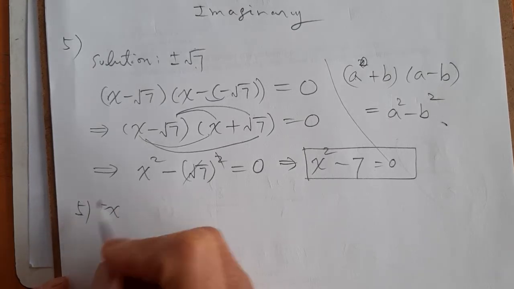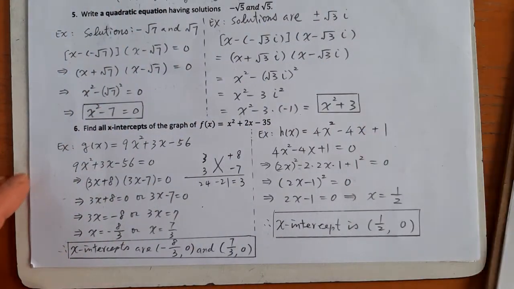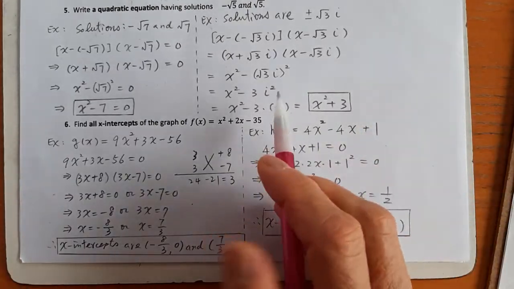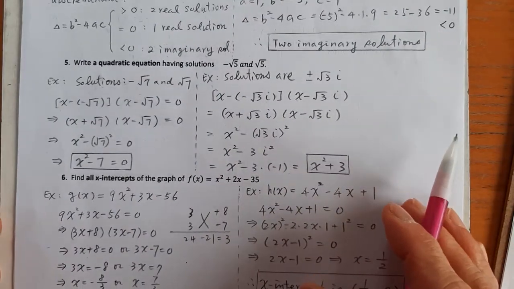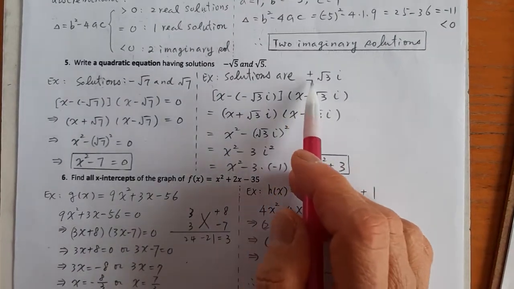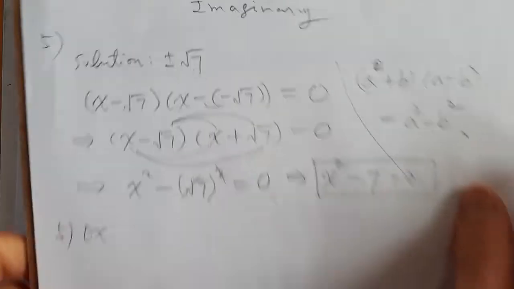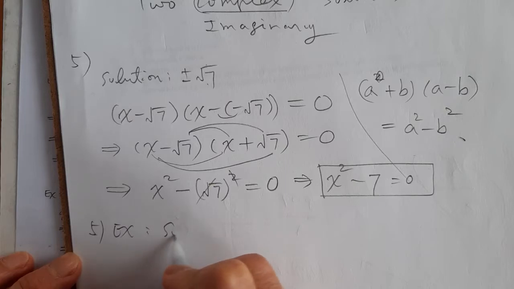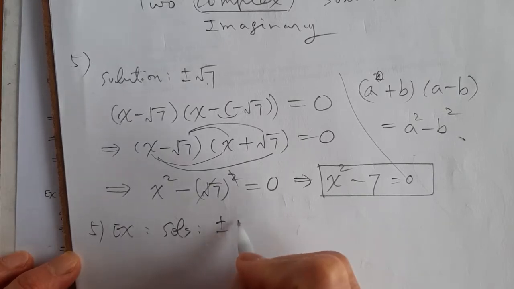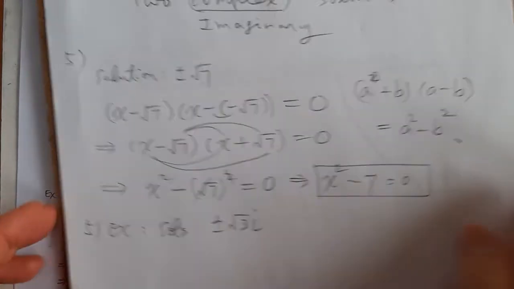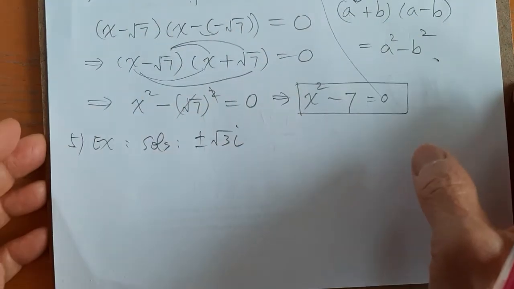Now another example for question 5. Write down the equation that has the two solutions, positive and negative square root of 3i. So the solutions are positive and negative square root of 3i. Find the quadratic equation.